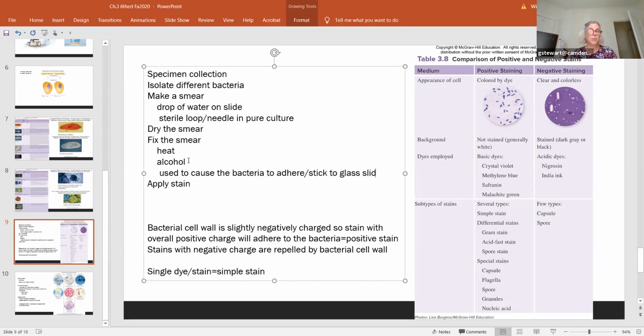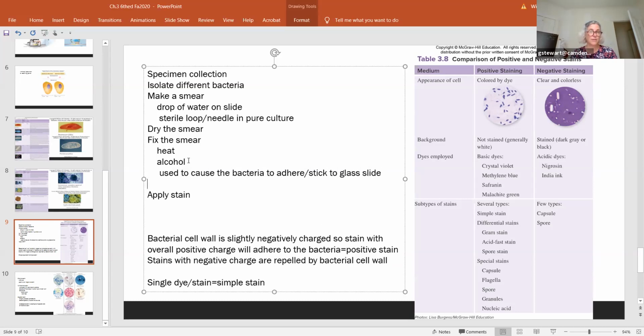And the other important feature of fixing is that it also kills any bacteria that were not killed by the drying.